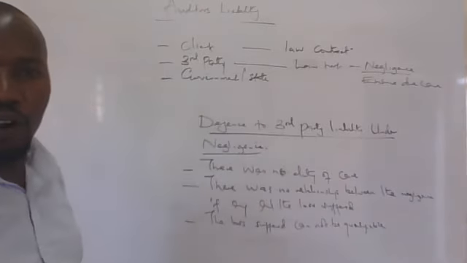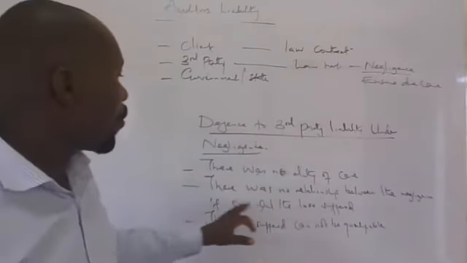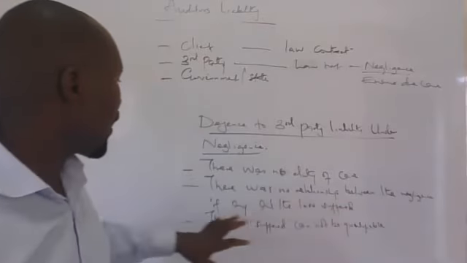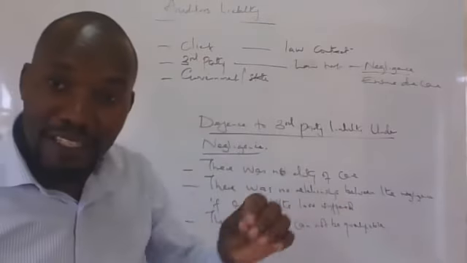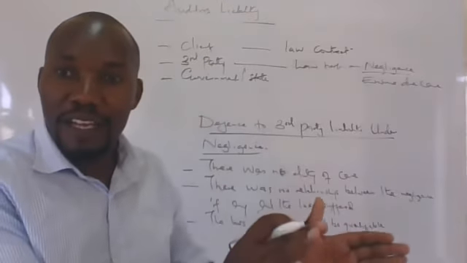So some two more defenses that you can use. Number one, you can defend yourself and say there was no relationship between the negligence and the loss. You might be negligent, but then the client made a loss on a different area.